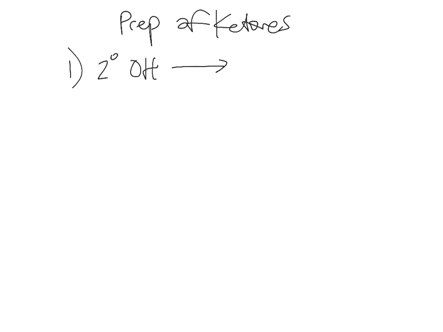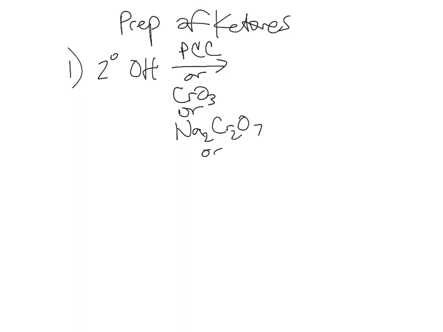Here we don't have to use the mild oxidizing agent. We could use PCC, but we don't have a chance of it going to a carboxylic acid. So we could use chromium trioxide or sodium dichromate or potassium dichromate.